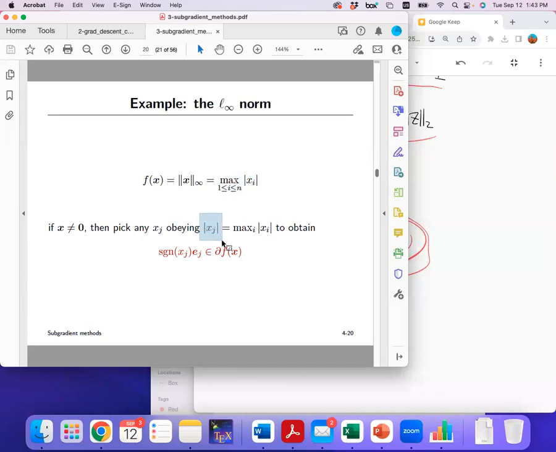Basically, look at those active coordinates, those coordinates that achieve the maximum value, and consider their sign multiplied by the basis vector. This is a proper subdifferential of this function. So you need to check this activation condition.